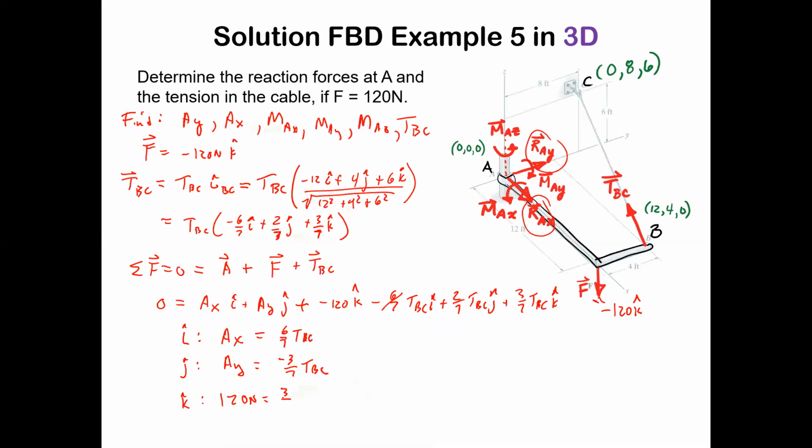Wait, did I miss something? Oh, I have an error here. The AY should be minus 2/7. And therefore, TBC equals 280 newtons.